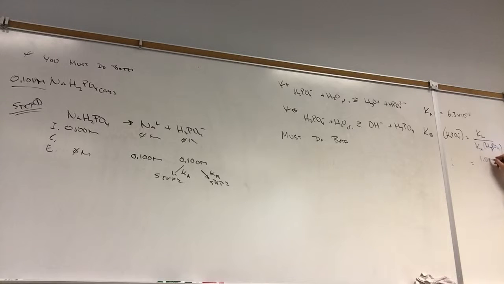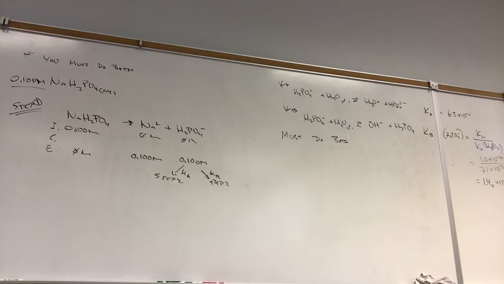And so this would be 1.0 times 10 to the negative 14 divided by, no, phosphoric was higher, 7.1 times 10 to the negative 3, which gives us a Kb of 1.48 times 10 to the negative 12. We'll just carry one extra digit.